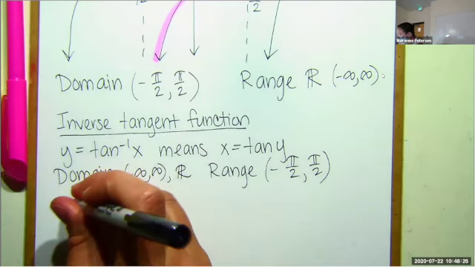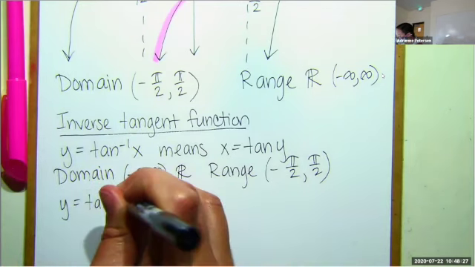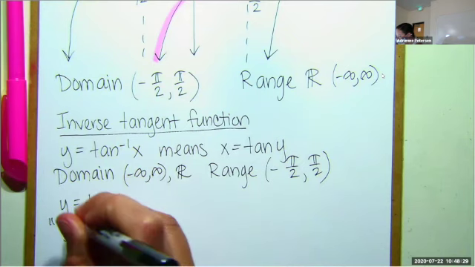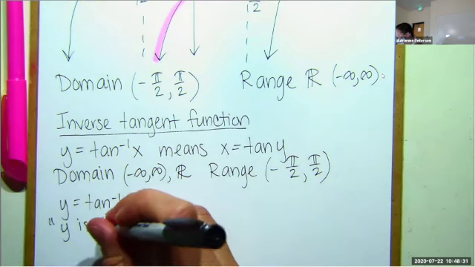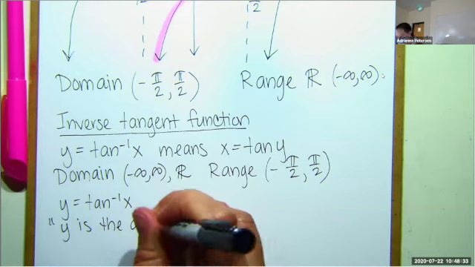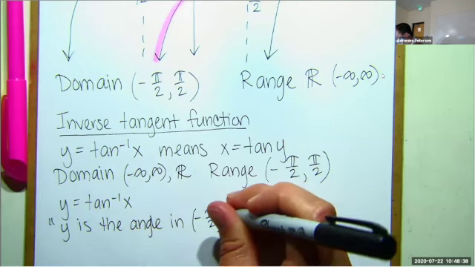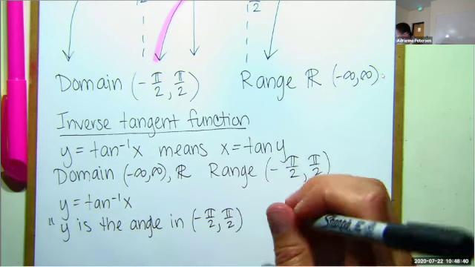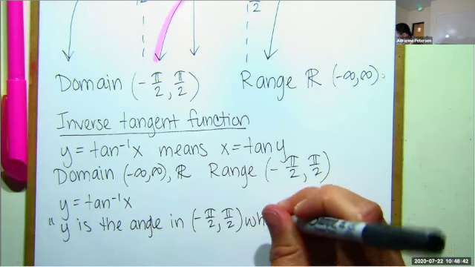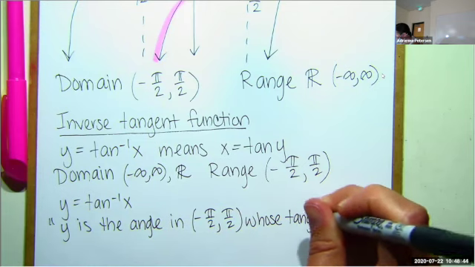In words, if we have y is equal to inverse tangent of x, this says y is the angle in our restricted range, which was from -pi/2 to +pi/2, whose tangent equals x.